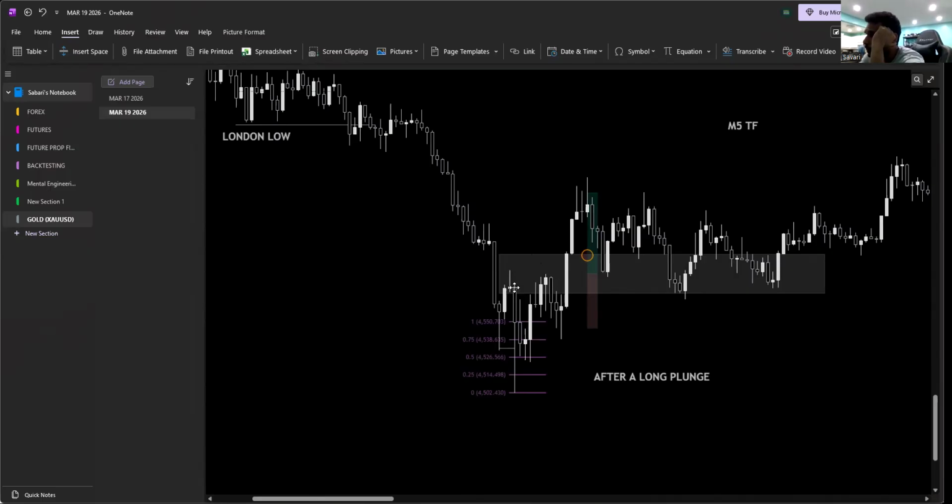So the rejection block, the 50% level holding, we got the break of structure, we got the fair value gap, and you can clearly see it's beautifully respecting, the body stayed above the 50% level, and it's a beautiful reaction. Then it started to displace higher, inverted this gap, gave the structure shift, and two fair value gaps.